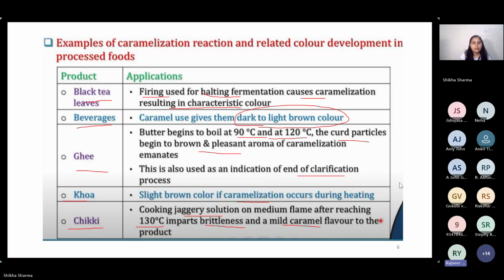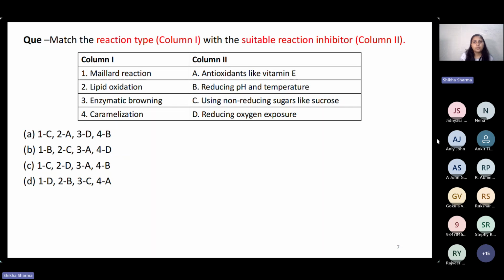So this is a desired chemical reaction which occurs in food, because we want to get a certain kind of aroma and also color. So is this question clear? We are moving to the next question, and the person who is unmuted, can you please mute yourself?